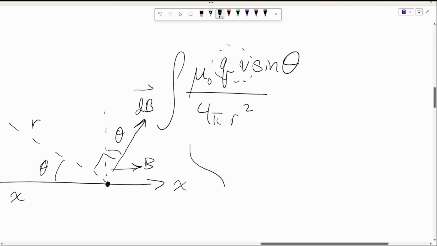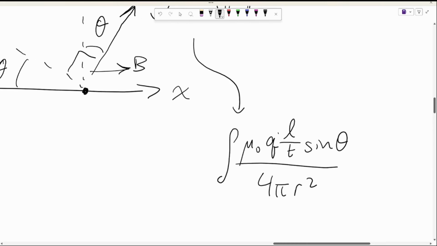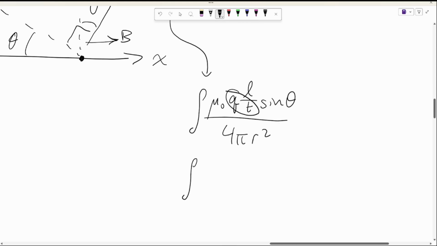So if we rewrite a little bit, integral of mu naught Q times L over time sine theta V 4 pi r squared. Then Q over T is our current, and then we just have L, which is actually going to be our dl. So I'm hand waving a little bit of math here, but it all works out. dl, and that is going to be our total B field.